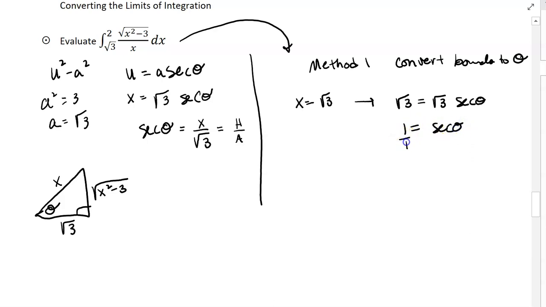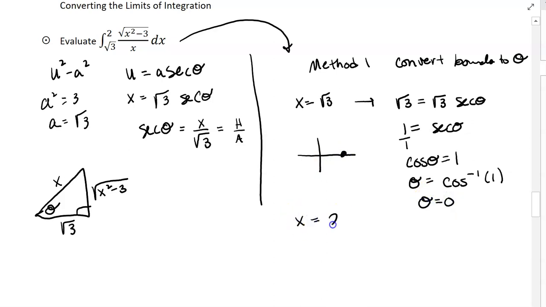And since 1 is understood to be 1 over 1, and secant of theta is understood to be 1 over cosine of theta, that gives me that cosine of theta equals 1. Theta is going to be the cosine inverse of 1, and the one that we want for that is theta equals 0.